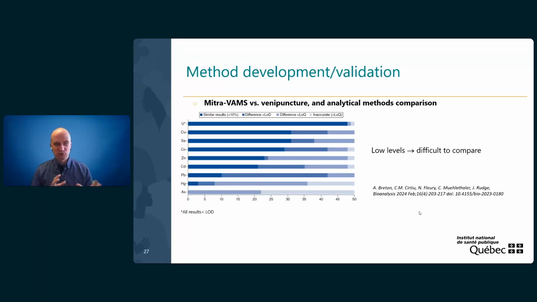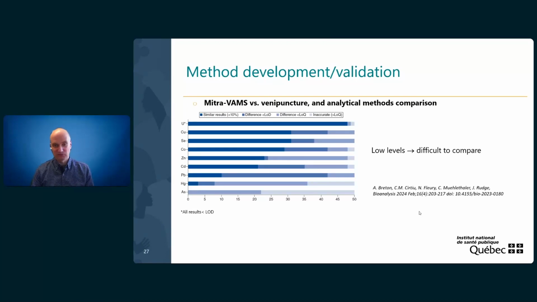So we tried to separate the results into 4 different groups: either the results are similar, or there is a difference less than the detection limit or the quantification limit, as well as inaccurate results. But this is not a straight comparison, since we are using very, very low levels, so it's really tough to compare.